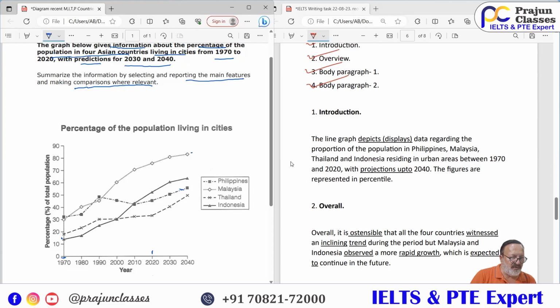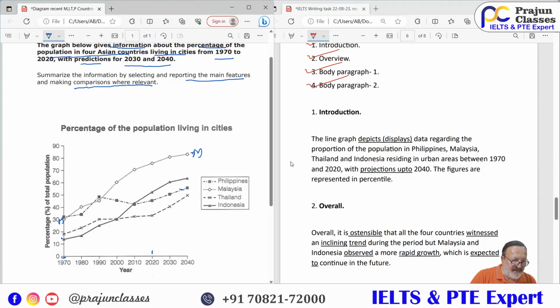And normally what I do, to avoid confusion, is this: this is a square, and the square is Malaysia. So I put M here and M here. Then you have Philippines, which will be this black one.